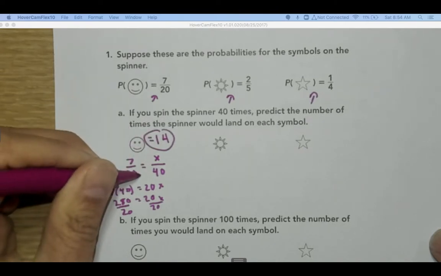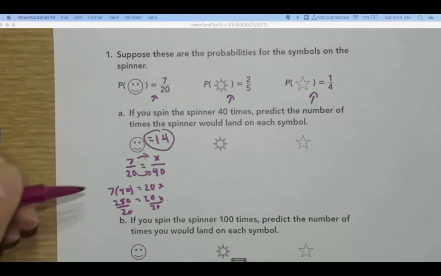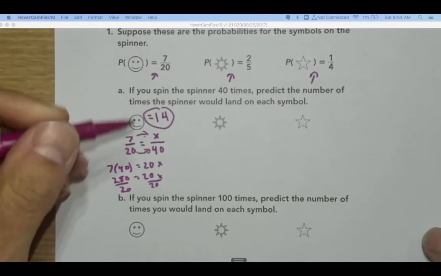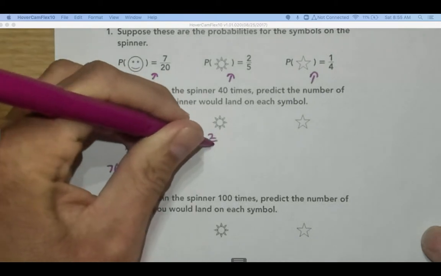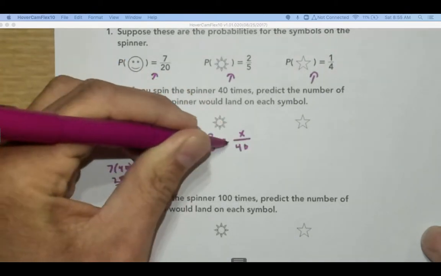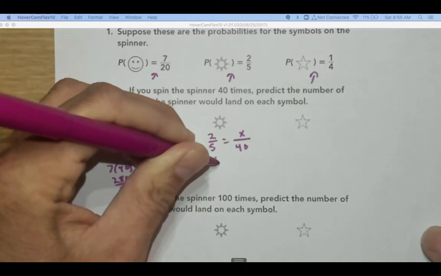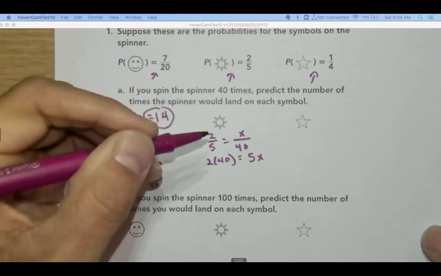And some of you could say that you could just scale those up and you would see the same answer, and that is correct to see. I'm just showing you what it looks like with proportions. For the sun, we were 2 to 5, and we're going 40 times. I do 2 times 40, set that equivalent to 5 times x.